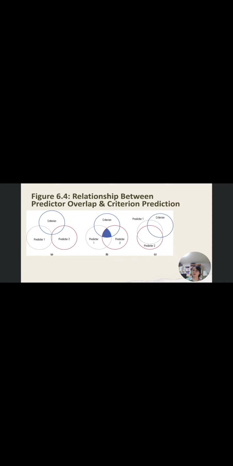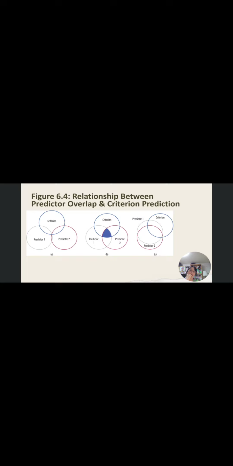So let's look at the relationship between predictor overlap and criterion prediction. Let's look at this one. All three diagrams have two predictors.